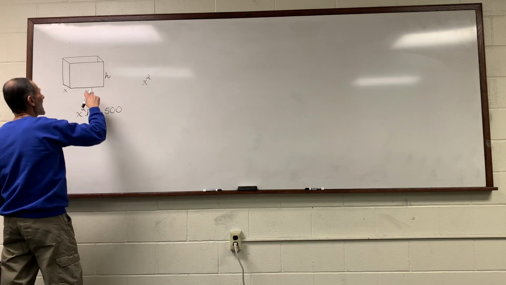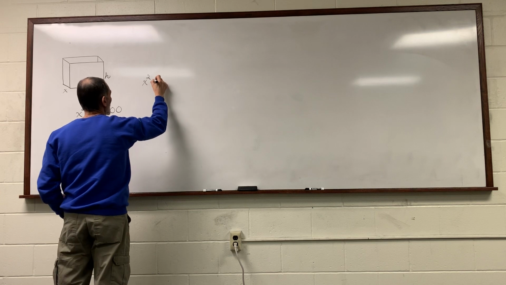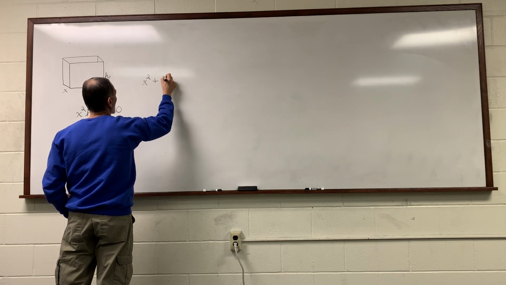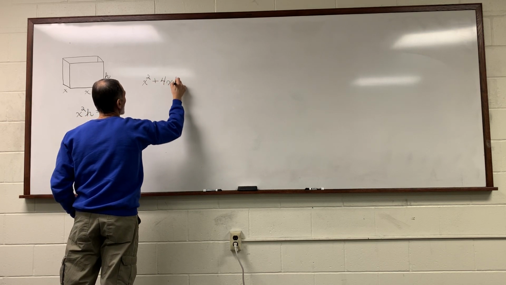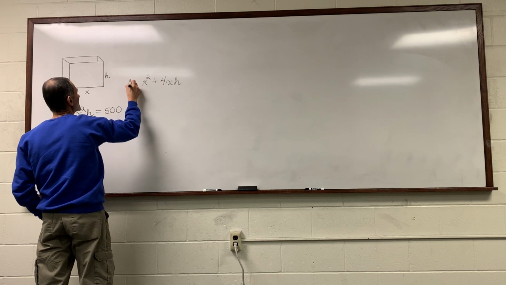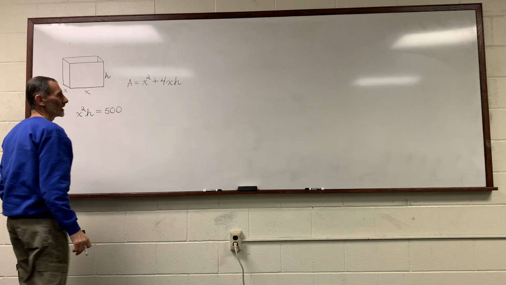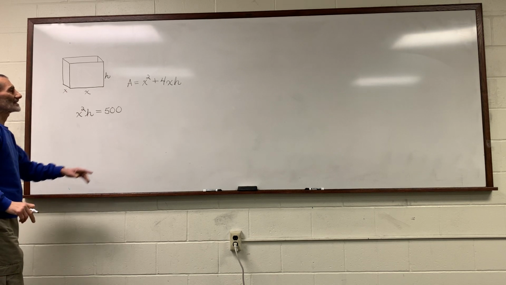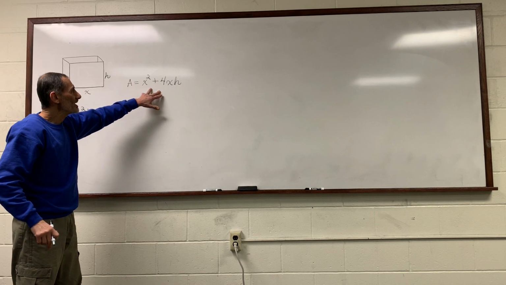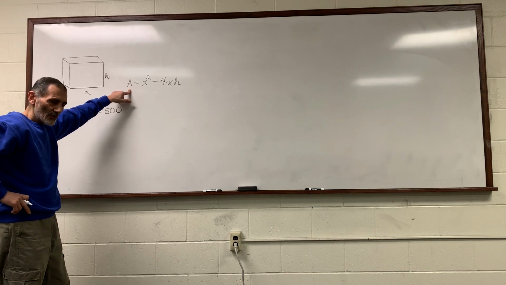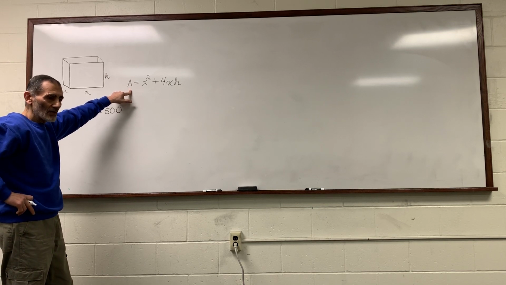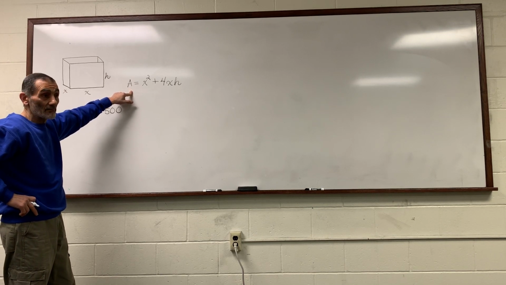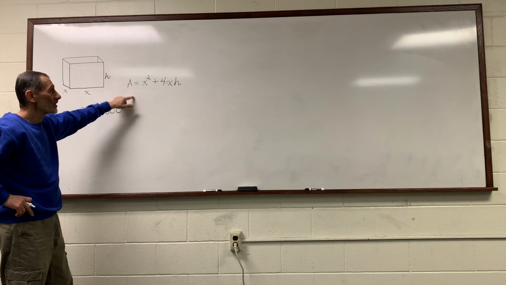The area of each side is x times h, and there are 4 of them. That is the amount of material, the total surface area. As I said, this being the equation giving us the quantity that we're trying to optimize, in this case minimize, this is the objective function.